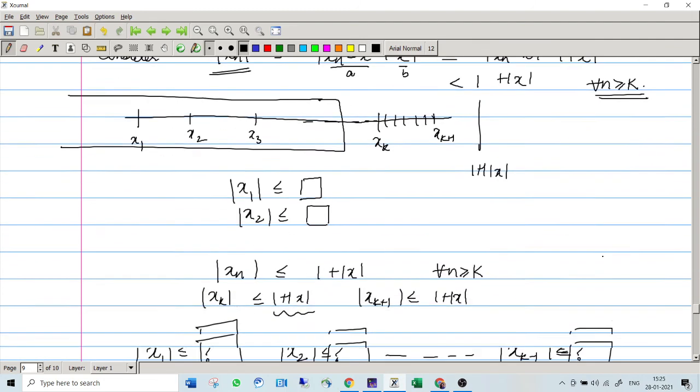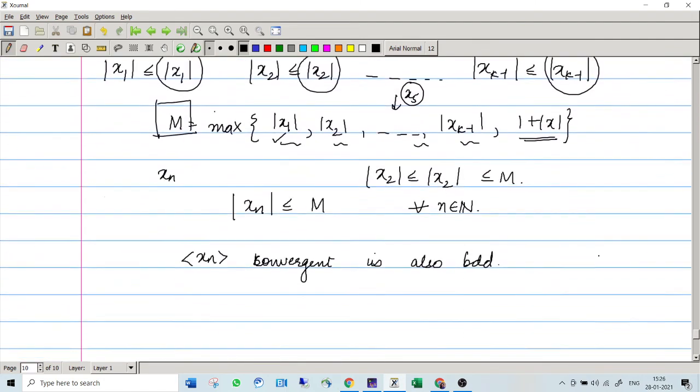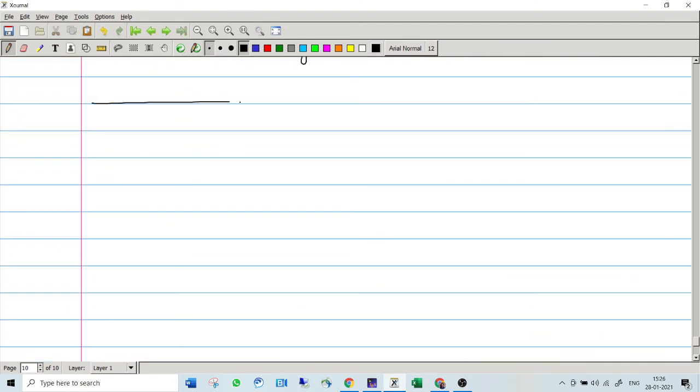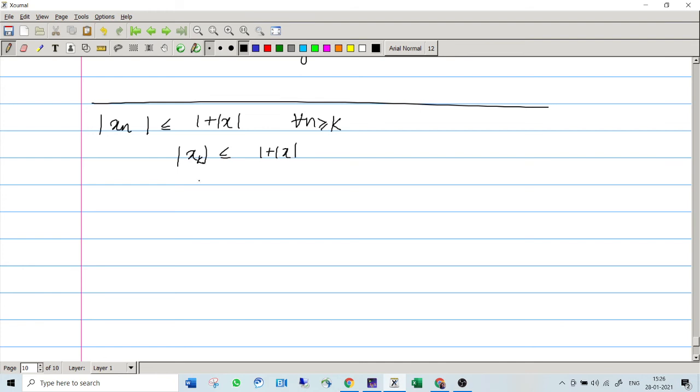So what you have got, I'm writing it again: this is 1 plus mod of x for n greater than or equal to k. That means mod xk is less than or equal to 1 plus mod x, mod xk plus 1 is less than or equal to 1 plus mod x, mod xk plus 2 is less than or equal to 1 plus mod x, and so on and so forth.